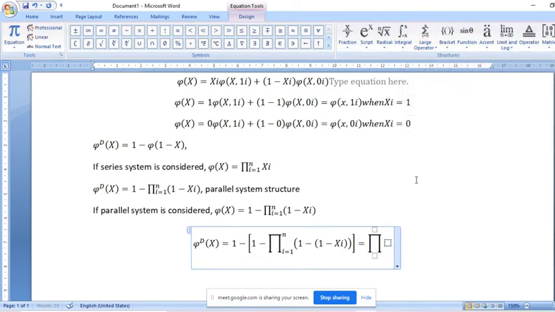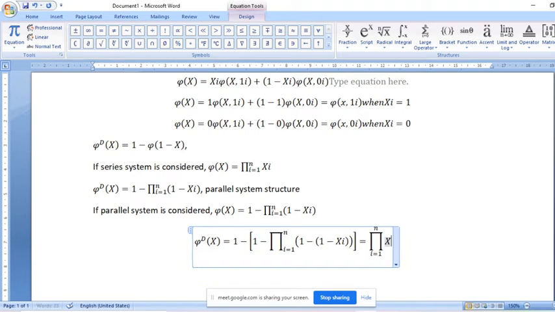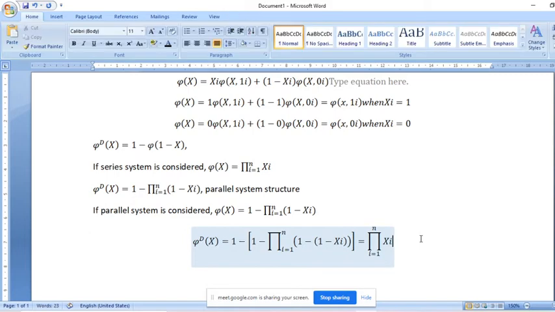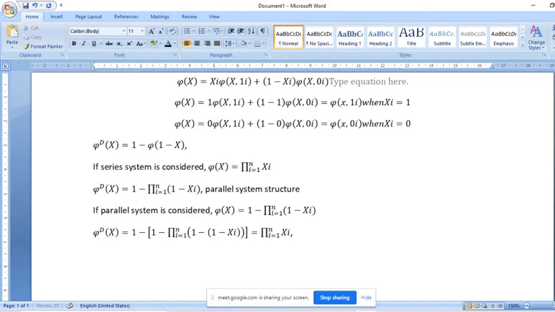Product over i from 1 to n. The 1 and 1 get cancelled, and only xi remains there. So this is the structure function of the series system.